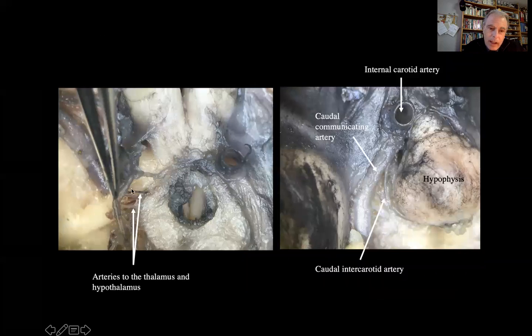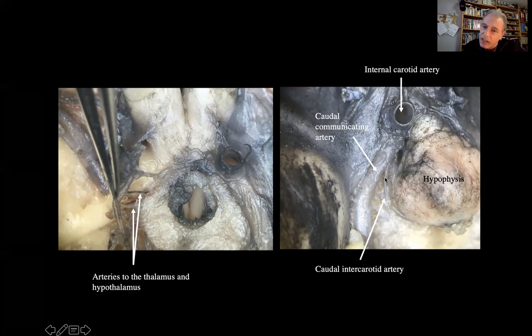Now, as we are pulling these caudal communicating arteries, we start to see small arteries entering and vascularizing the thalamus and hypothalamic nuclei. Again, the caudal communicating artery, and this artery coming from the internal carotid artery is the caudal intercarotid artery.